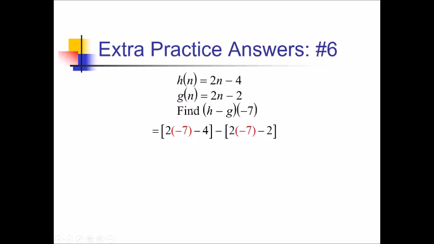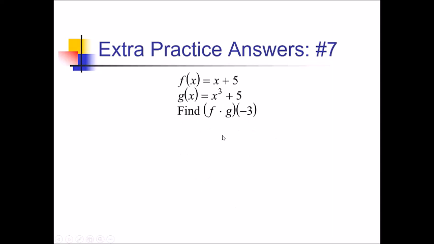So we're doing, again, h of negative 7 minus g of negative 7. That's where this is coming from. Now to simplify a bit, we've got over here negative 14 minus 4, and we're subtracting over here, we've got negative 14 minus 2. So that's going to be negative 18. And we're subtracting negative 16, so plus 16 then. All of this then is going to add up to negative 2.